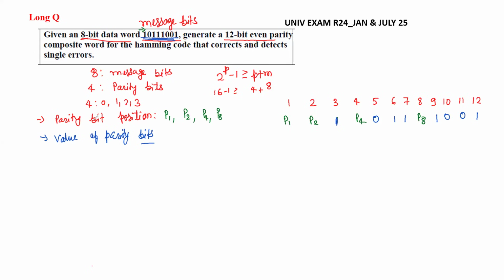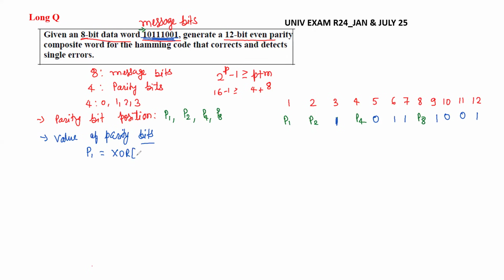So for the value of parity bit P1, we have to look at the positions. If you're able to remember from the previous one, for this you can use the XOR gate. Otherwise, directly you can use the sum also. On the basis of that, you can say.